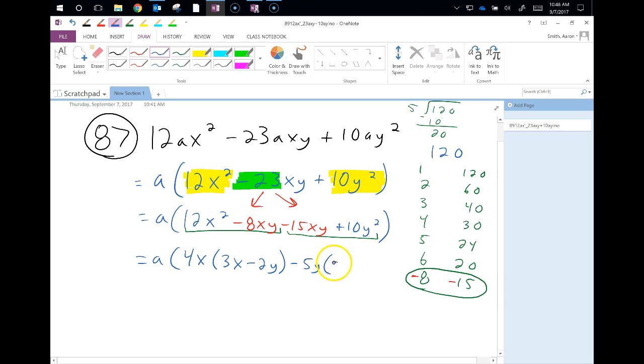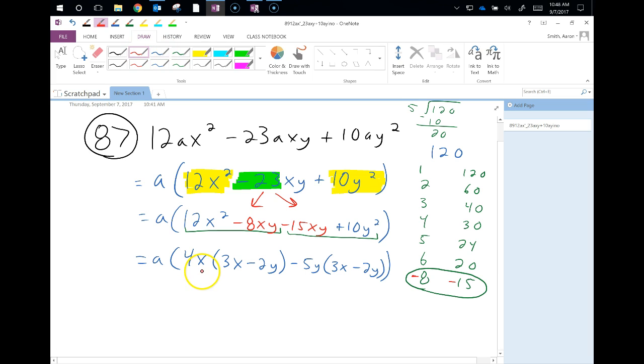And if I write what's left, I'd have a 3x here, because negative 5y times positive 3x would give me the negative 15xy I had before. If I took out a negative 5y, I need a negative 2y to get me back the positive 10y squared I had, because negative 5y times negative 2y would give me back my positive.